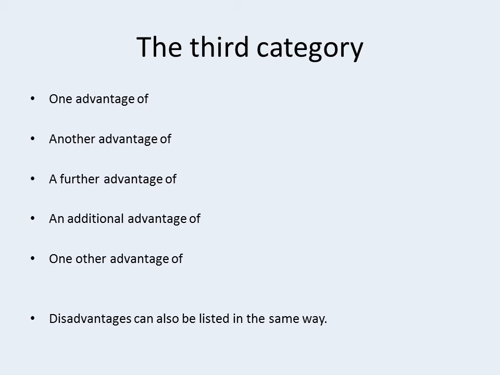The first one is when we are listing the advantages or disadvantages of something, not listing things, but listing the sides or the disadvantages of that phenomenon.